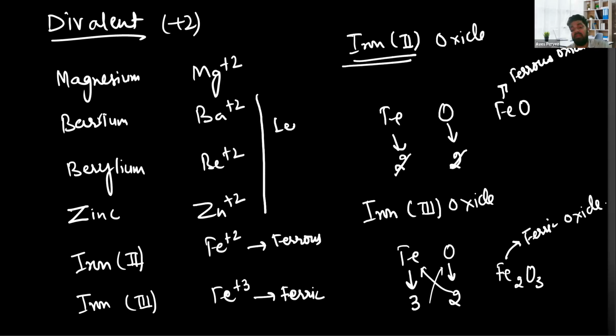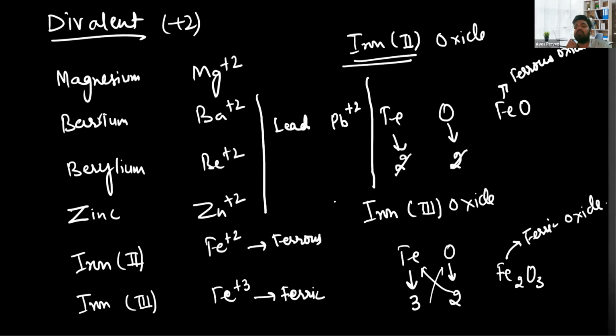Its symbol is Pb, valency is 2 positive. So how is it entirely different? Pb, lead. The original Greek name of lead is plumbum, so that is where it was taken from. Understood?